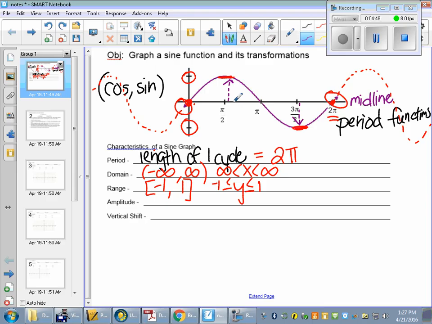So the bigger the amplitude, the more we have a vertical stretch, so we'll see this distance increase. If the amplitude is smaller, we'll see it decrease. So the amplitude is the distance from your midline, the center of your graph, to either your maximum or your minimum.